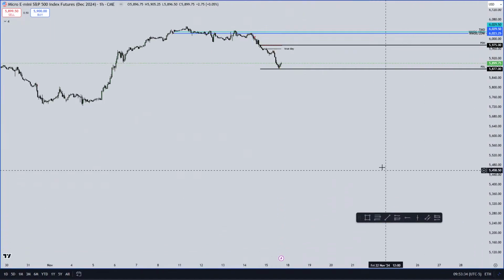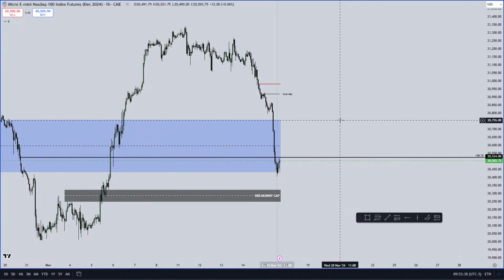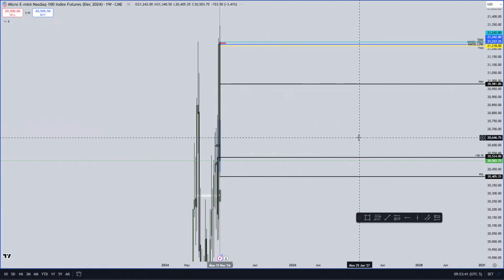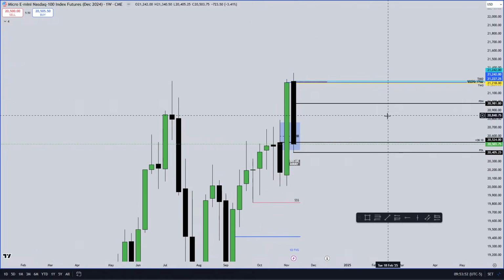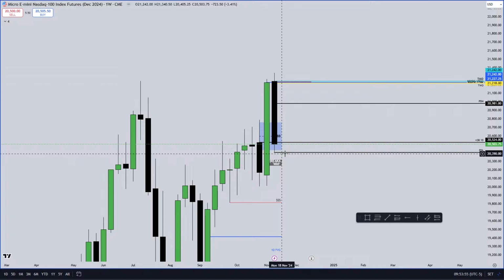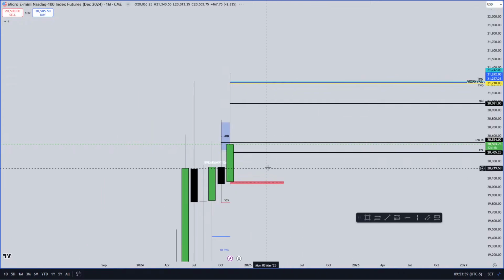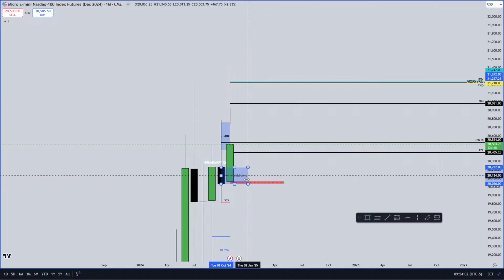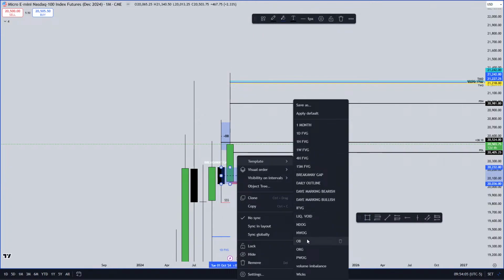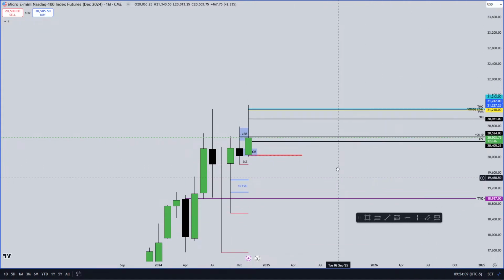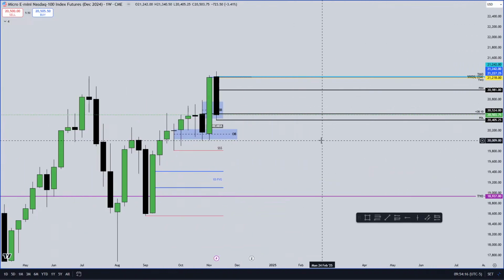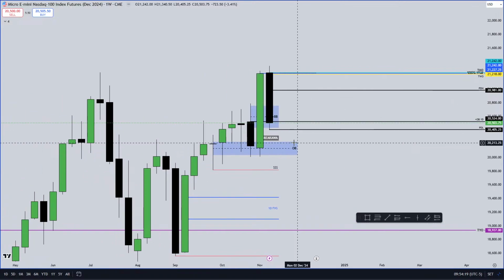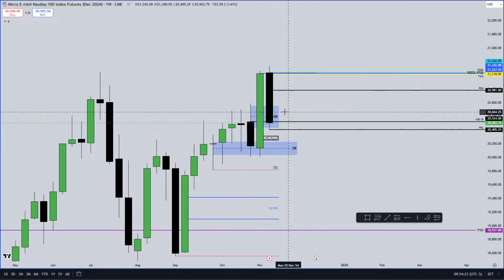That is it for ES, and then we have NQ. If you look at NQ, let's see if it has breached this.